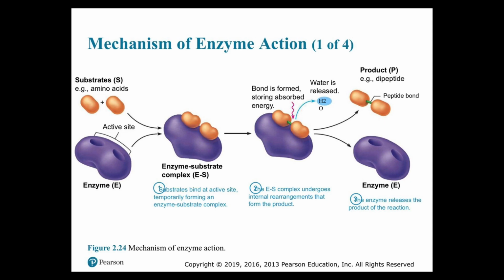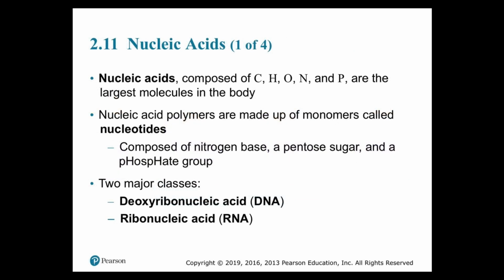Section 2.11, nucleic acids are the fourth group of macromolecules. Remember, we looked at the carbohydrates, the lipids, the proteins, and now it's the nucleic acids. These are composed of carbon, hydrogen, oxygen, nitrogen, and phosphorus, and they're the largest molecules in the body.